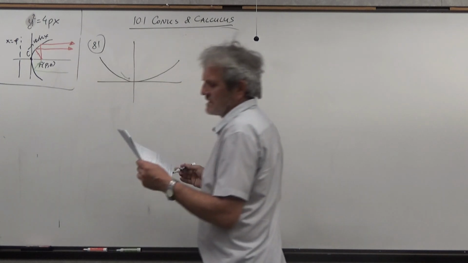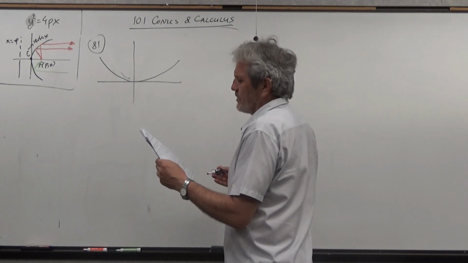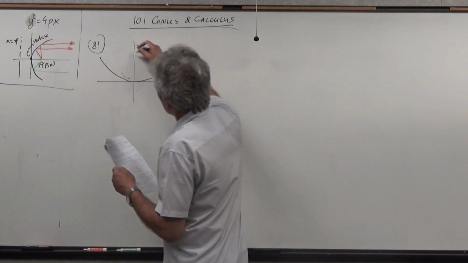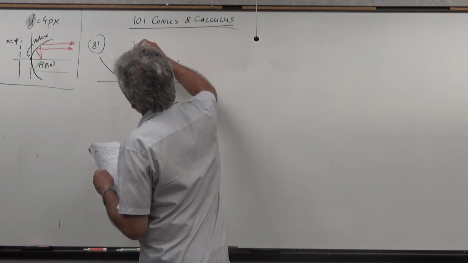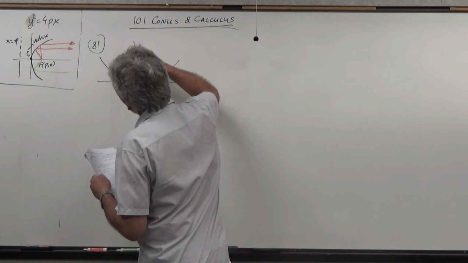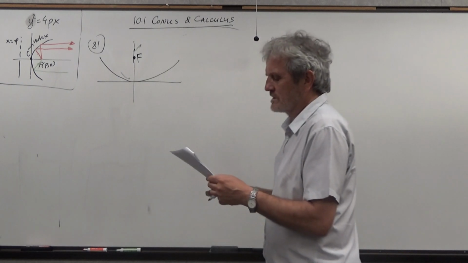It's like this. The water will flow through the pipe at the focus. So here is the focus of the parabola. So here is that focus, and here is where the water is coming.